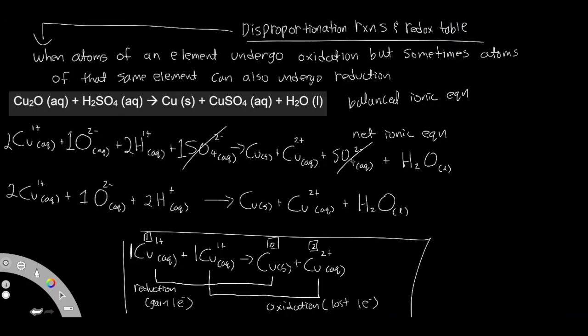Okay, so as you can see, this 2Cu1 plus, which is embodied here, what happened? There was a gain of 1 electron right over there, and there was another transfer, so oxidation, a removal, a loss of an electron happening over here within the same element.